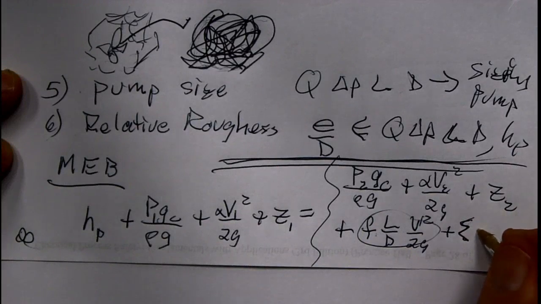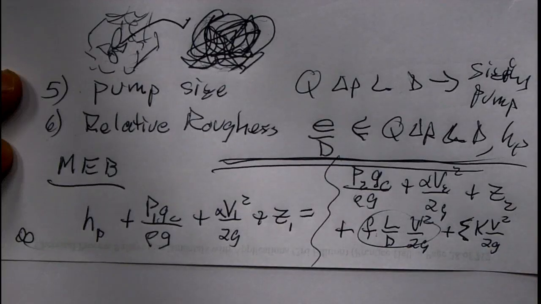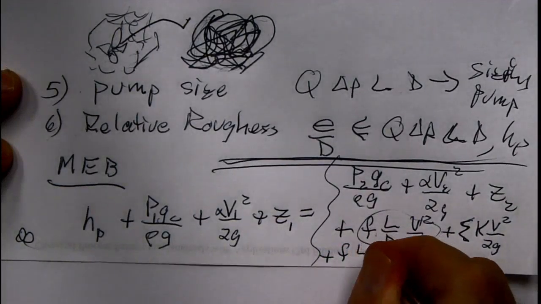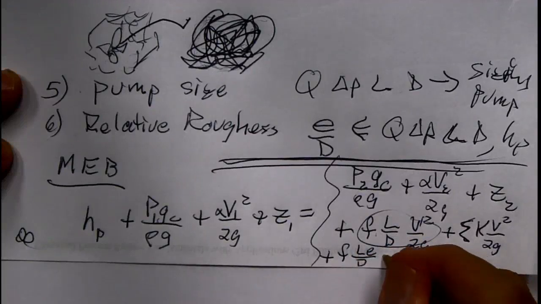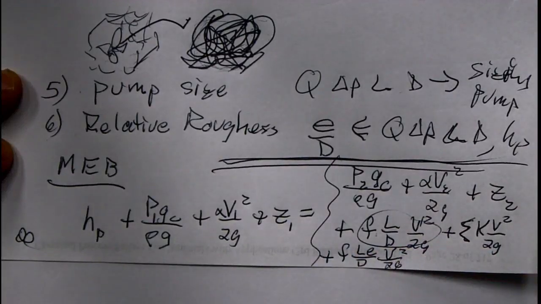And we have the minor losses due to fittings and elbows and tees. And we can write friction like that. And we can also even write friction as f L equivalent, velocity squared over 2g. And if you write that equivalent length going on.